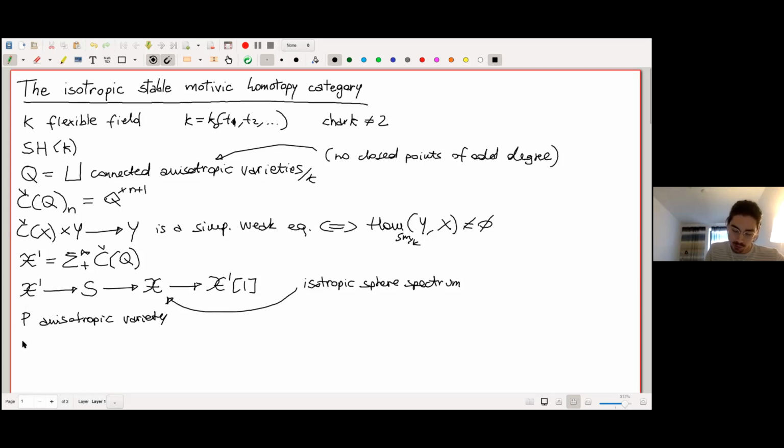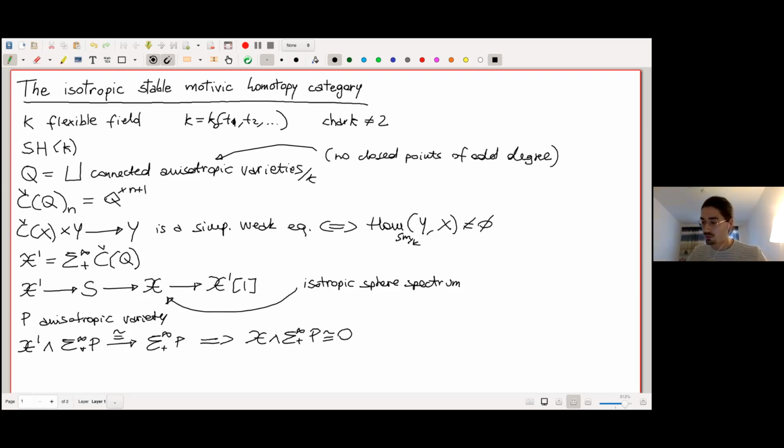So if I go to the stable category, then I have that chi prime smash the suspension of P to the suspension of P is an isomorphism. And in particular, this means that chi smash the suspension of P is trivial. So if we start with an anisotropic variety, then smashing with this spectrum trivializes all the suspension spectra of the anisotropic varieties.